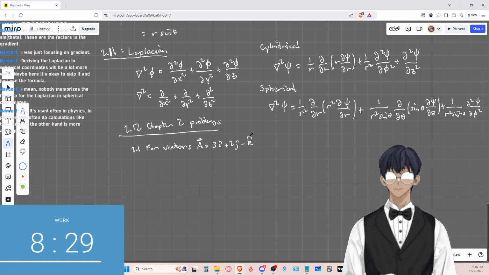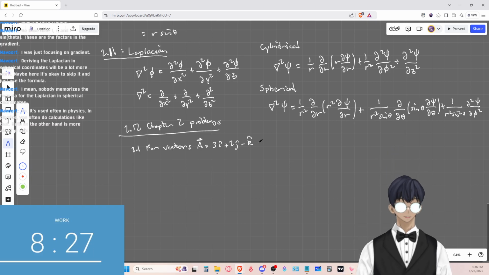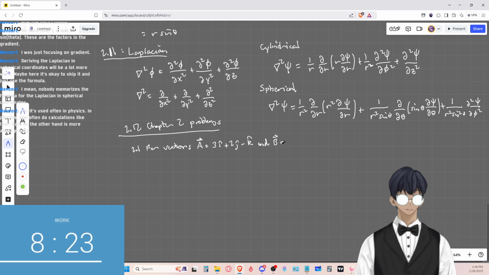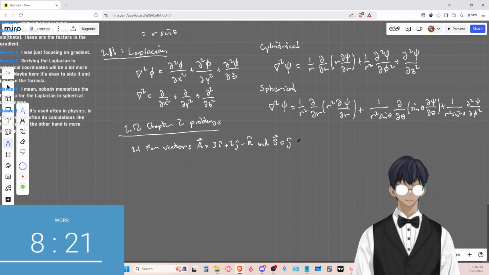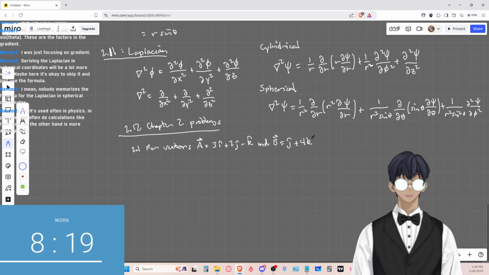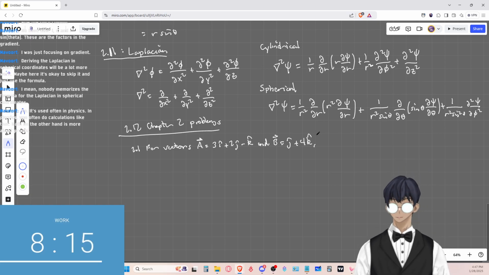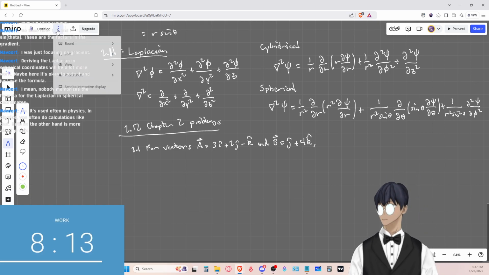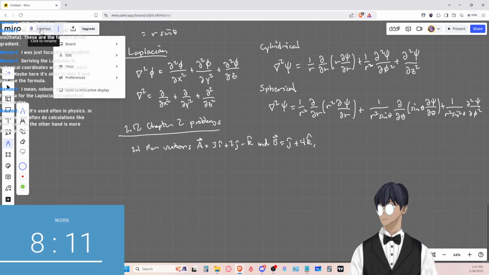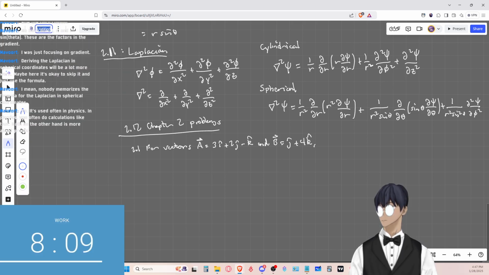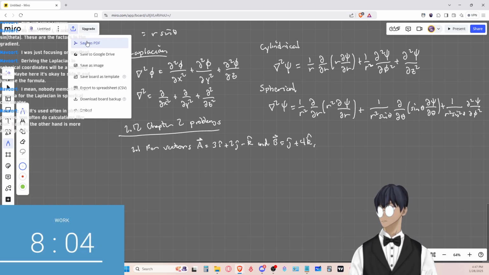For vector A and vector B, plus 4. Actually, I don't know if I have to save this. Maybe I'll just save as a PDF, save as to Google.